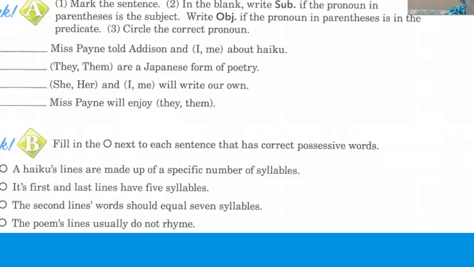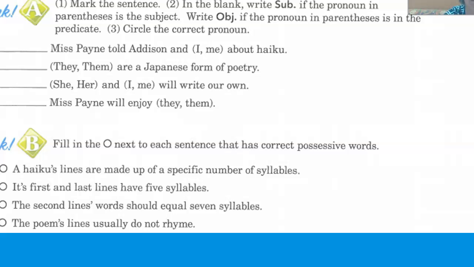Are is the verb. So there should be a line before are and then are underlined. Now we need to choose the pronoun that would be the subject of the sentence, and that word is they. And they would be the subject pronoun because it comes before the verb.